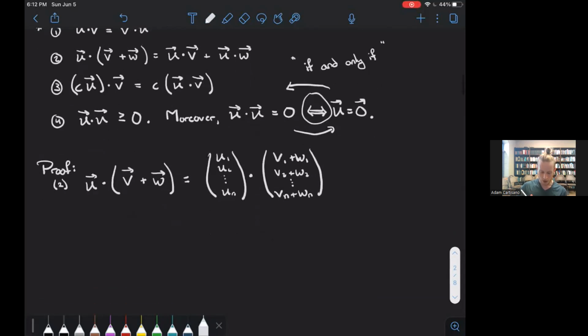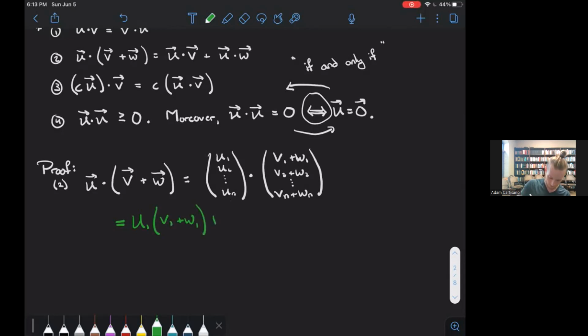Okay, great. Now, by the definition of the dot product, which is the main part of this theorem, the dot product says go and multiply all the pairs of components together and then put plus signs in between each of the products. Okay, we can do it. u1 times, that's the first component of u, we're multiplying by the first component of the sum v plus w. So we're multiplying by v1 plus w1, that sum.